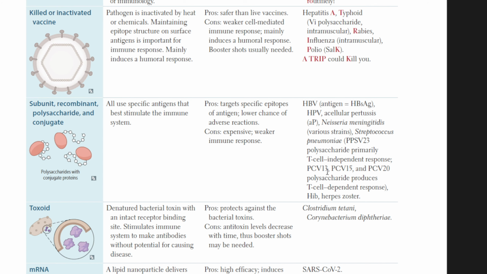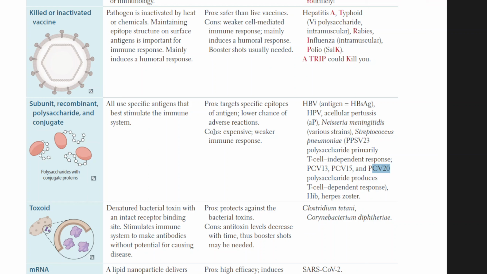The PCV20, or Prevnar 20, is designed to protect against 20 different types of Streptococcus pneumoniae bacteria that can cause pneumococcal disease. It is recommended for infants, children, and adults. I would say this is like the commercial part of the vaccines. You can create vaccines with different offers, like offer number one, offer number two, offer number three.